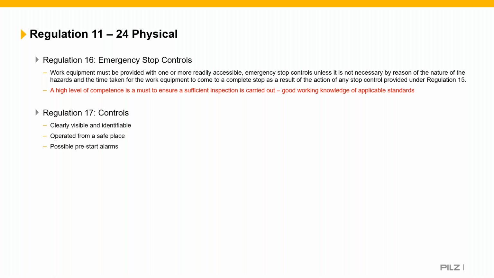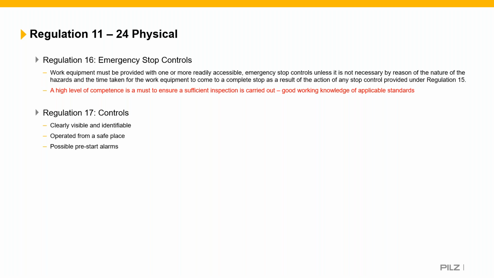Regulation 17 looks at controls in general and states that they've got to be clearly visible and identifiable. So make sure all the buttons, lamps, legends, etc. are all there and fitted. They must be able to be operated from a safe space, because we don't want to have to put an operator in a dangerous situation.